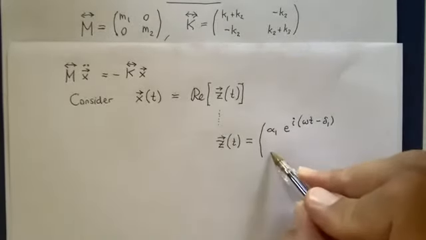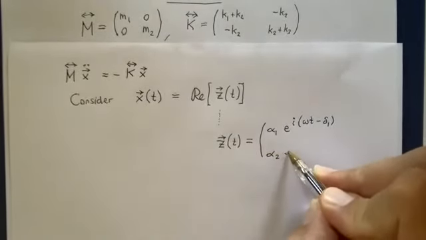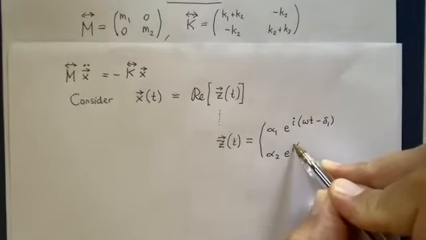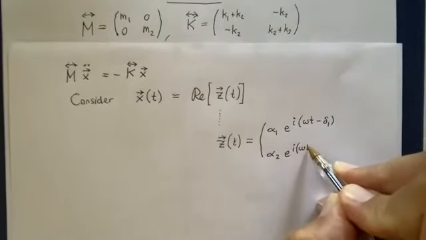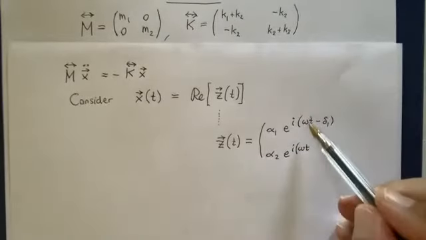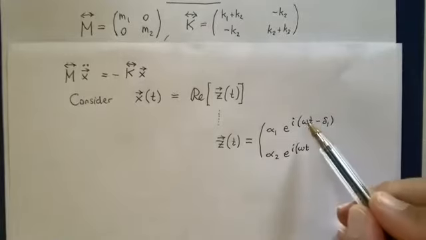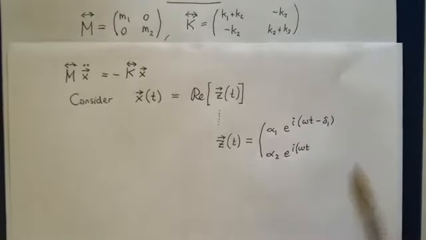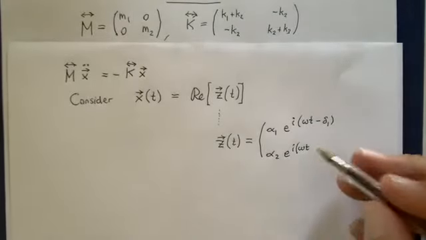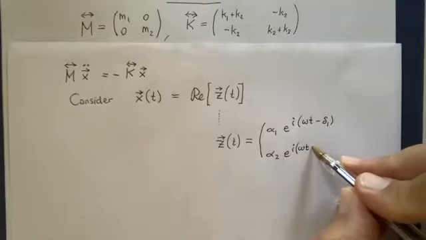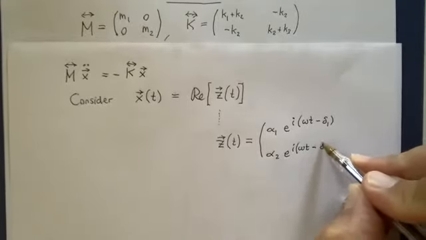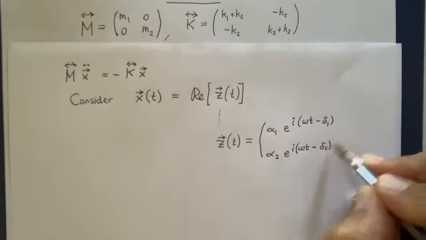Downstairs, very similar story, alpha 2. Note the omega. It's the same omega. We do not have omega 1 here and omega 2 here. We're interested in solutions that have the same frequency. We can have a different phase shift. No problem there. Let's call this delta 2.